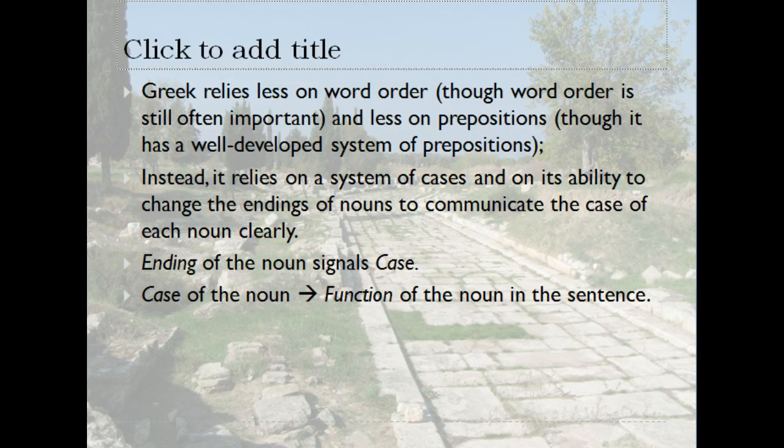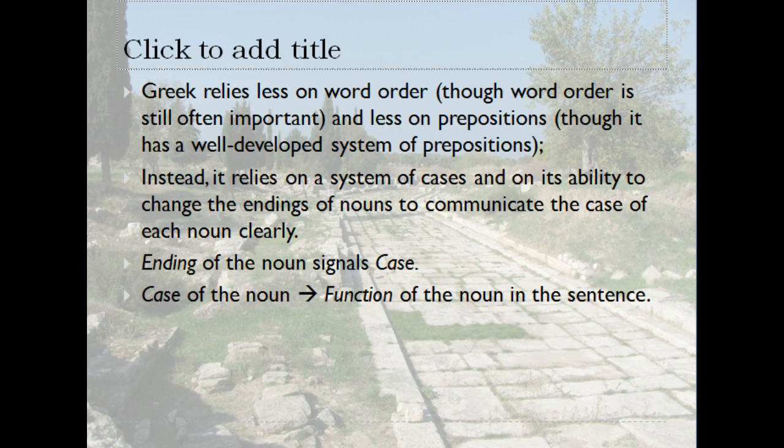Similarly with the Greek noun, you have part of the noun, the stem, that talks about the thing being named. So for example, with the word kurios, the first part of that word, kuri, signals the meaning. Lord is being talked about or named.